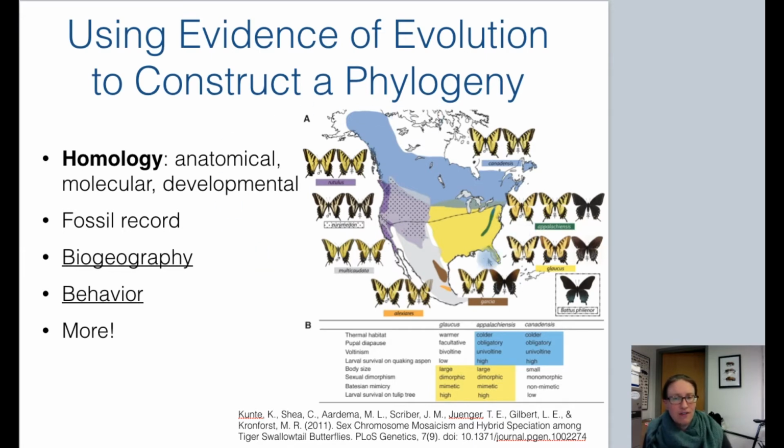Here's a picture of a group of North American swallowtail butterflies, and biologists absolutely factor in the ranges of these different groups when trying to think about the evolutionary relationships across them. And biologists will consider other things too. They'll also consider the behavior of those organisms. And you can see there's some other information included in this table about these butterflies. Those are other characteristics that can help us understand those relationships, and it could be even more than that.